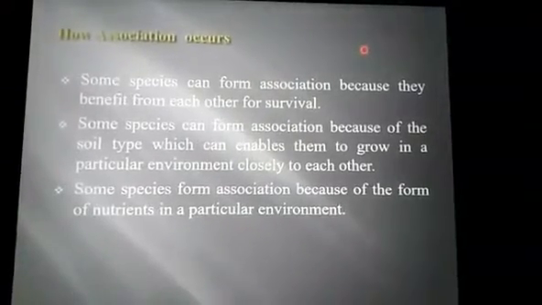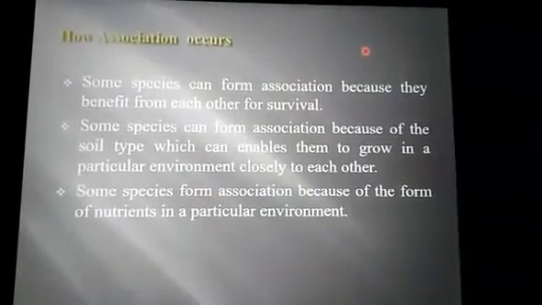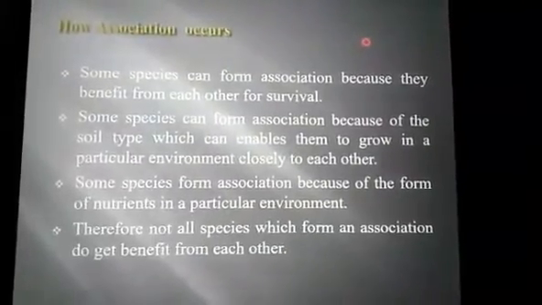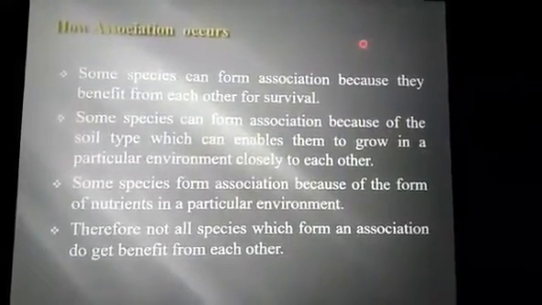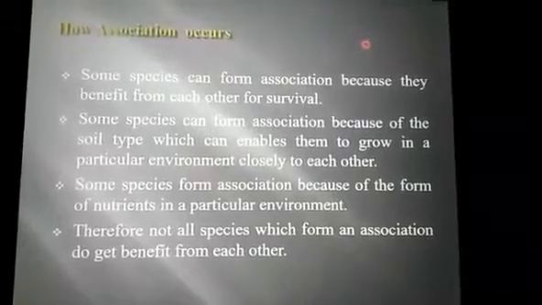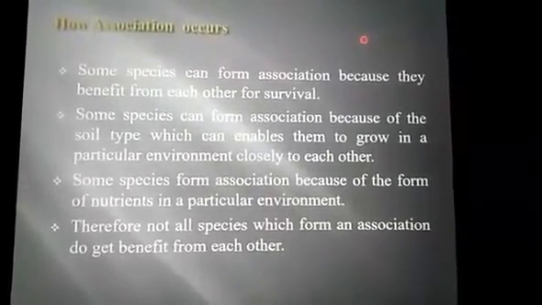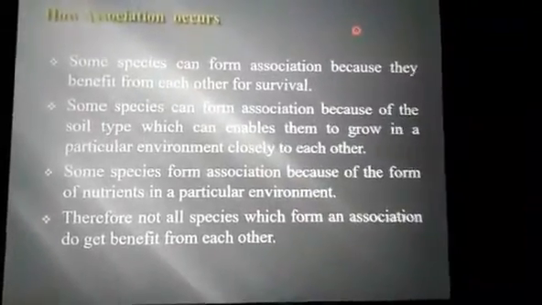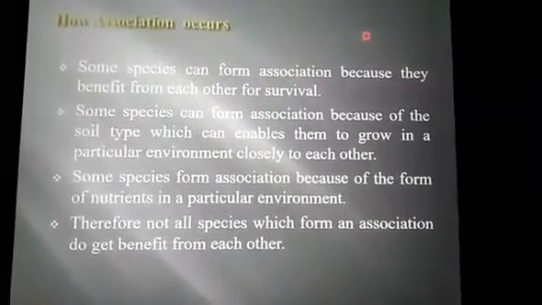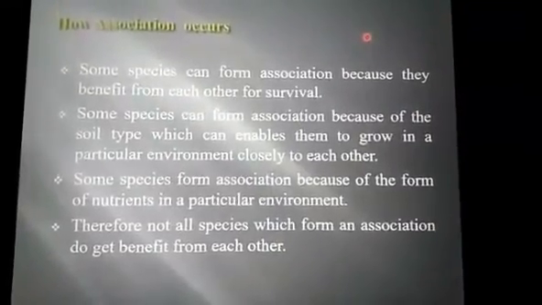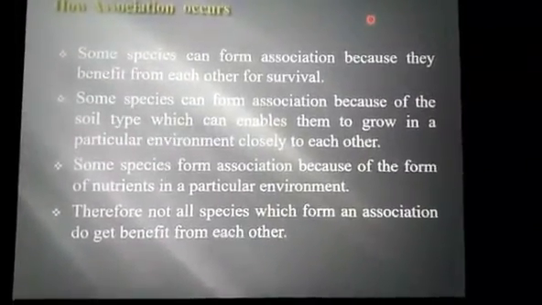Also, some species form association because of the nutrients in the particular environment, but not all species are seen to be forming an association. And if they do form some association, it does not mean that they always benefit from each other.